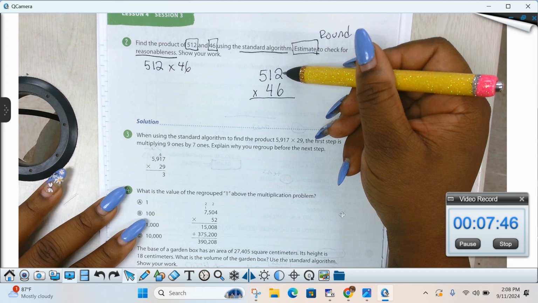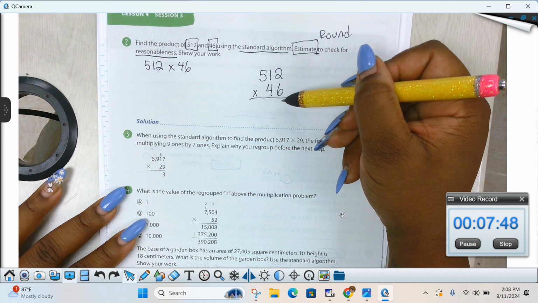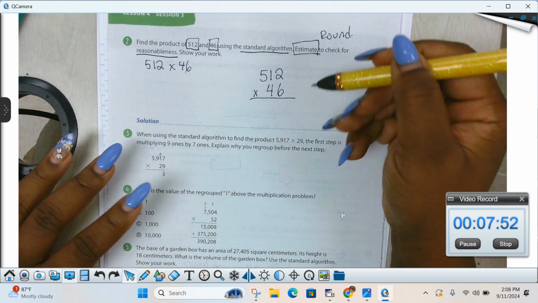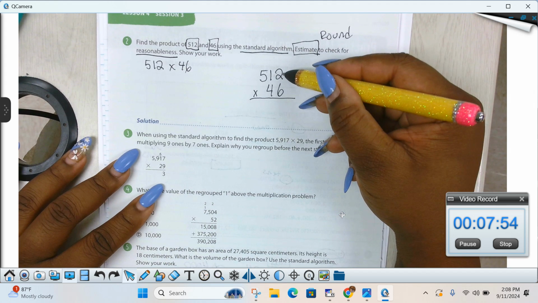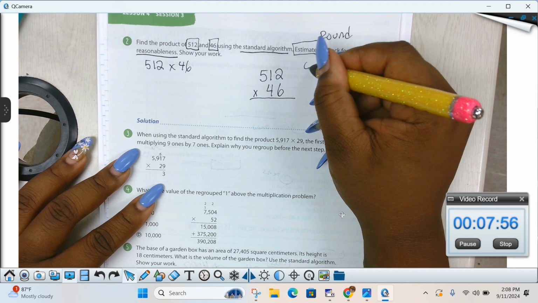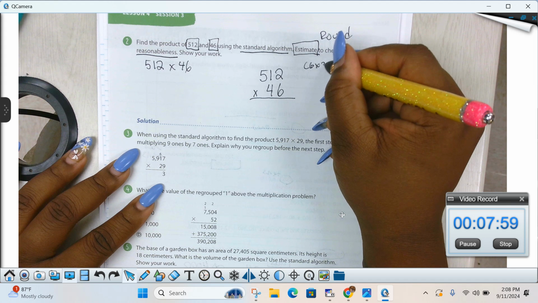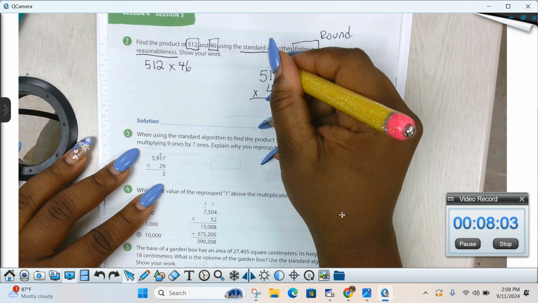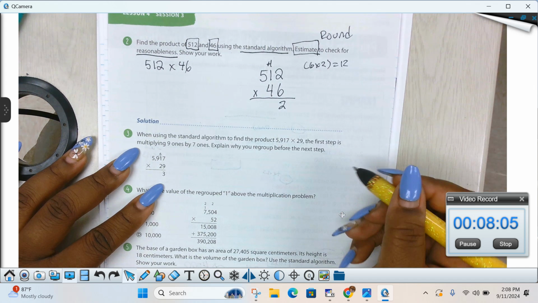Now I am going to solve for the ones place. The ones place is going to be doing 6 times 2. 6 times 2 is 12. I'm going to put the 2 here, and I'm going to carry my 1.